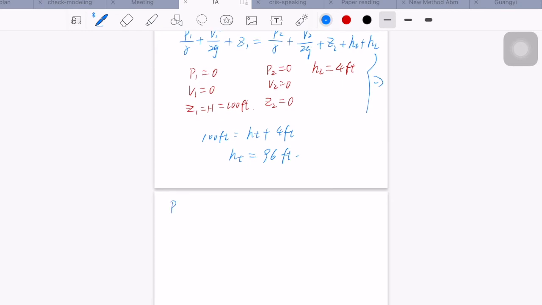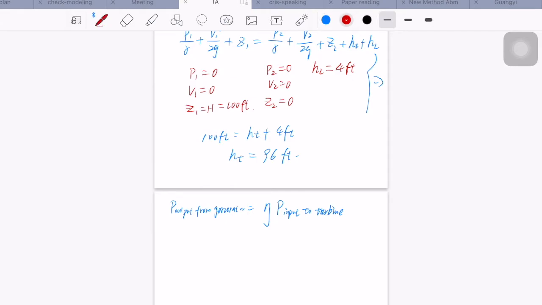So we know that the power at output from the generator should be equal to the efficiency eta times P input to turbine.